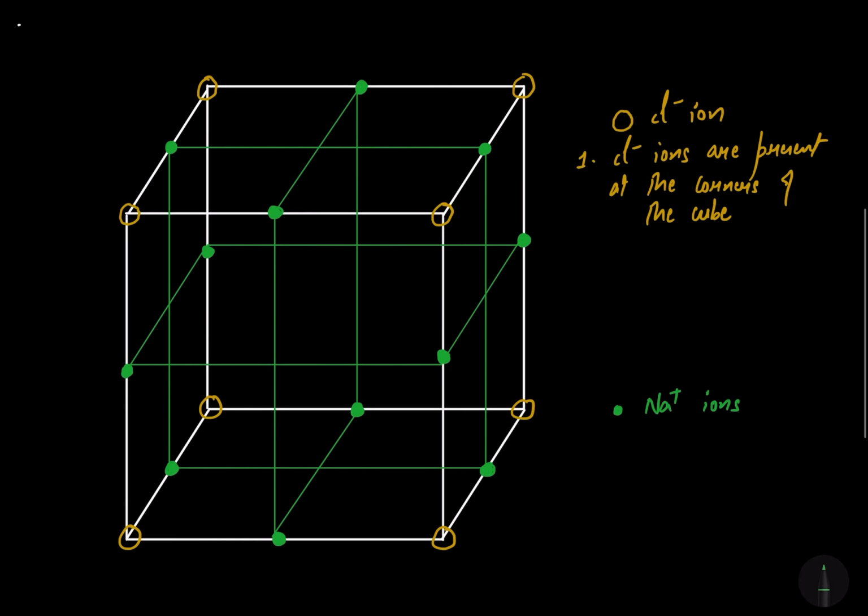So it's all about the Na positive ions, and I have marked all the Na positive ions at the center of all the 12 edges.